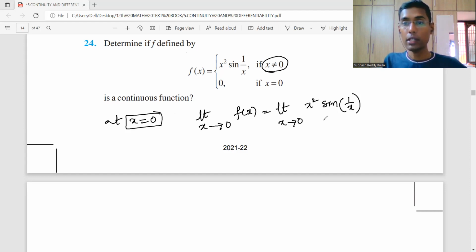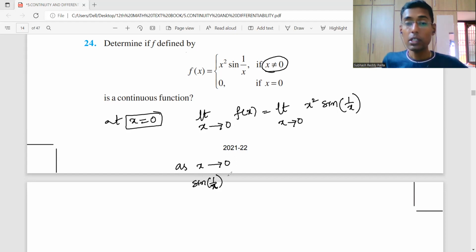So you should understand here, when x is tending to 0, you need to understand this. Here, in sine 1 by x, x is not 0, x is something, but it is tending to 0.